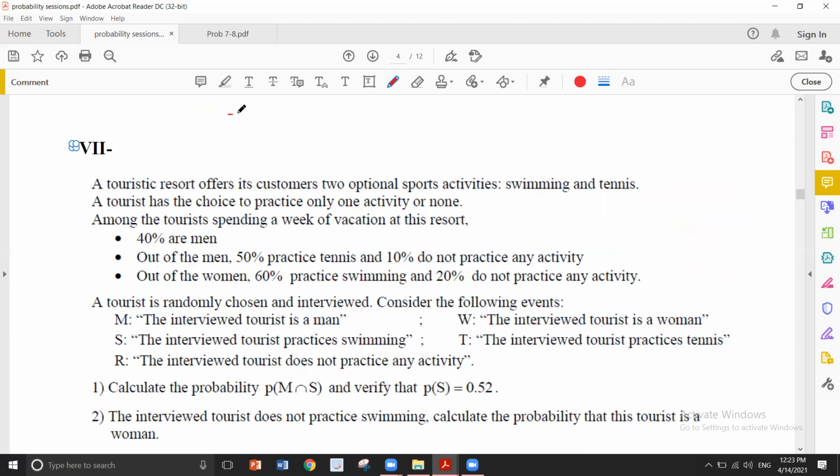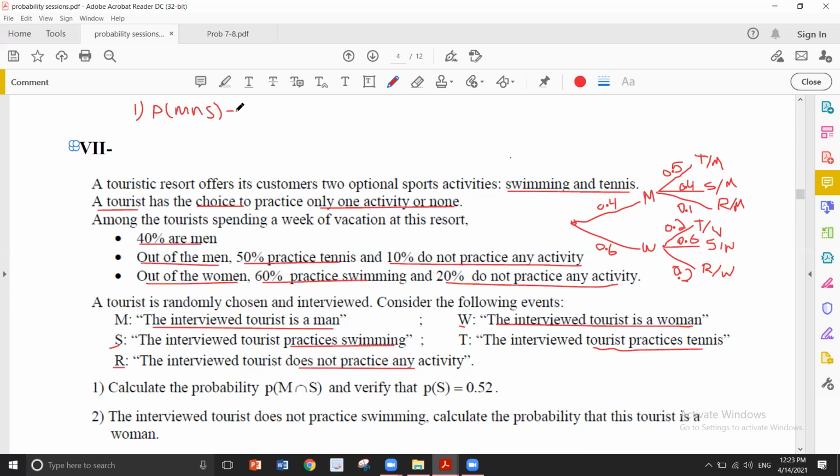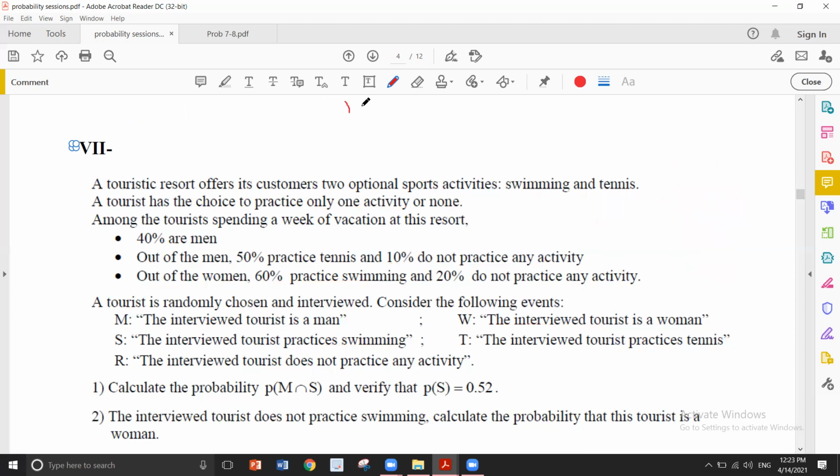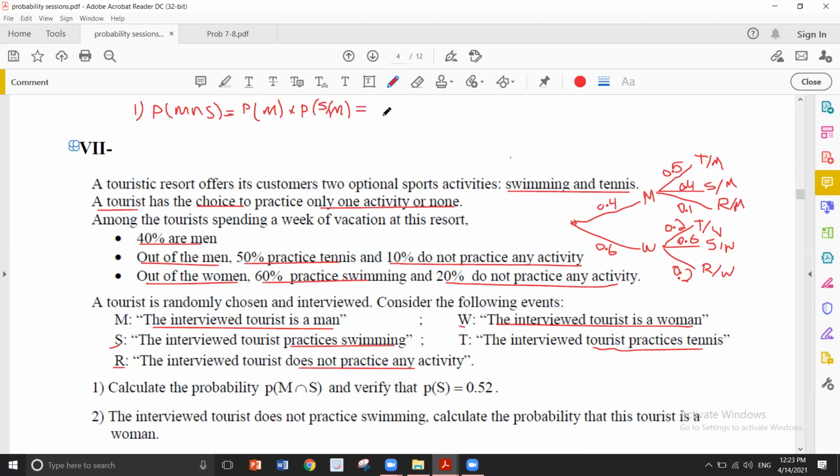Probability of M times probability of S given M, equals 0.4 times 0.4. How much is 0.4 times 0.4? 0.16.